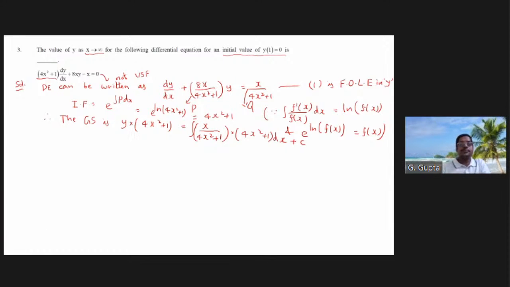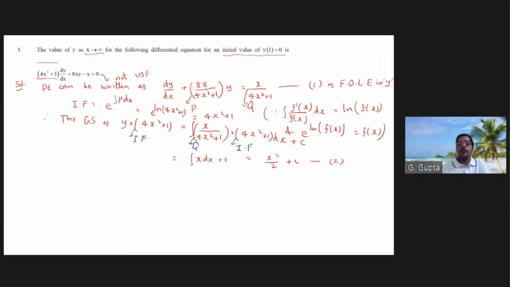So this is IF, the integrating factor, and this is Q, and this is IF. So on the right side, 4x square plus 1 cancels. Simply you will be getting integral x dx plus c, which is nothing but x square by 2 plus c. Let us denote this as equation 1.